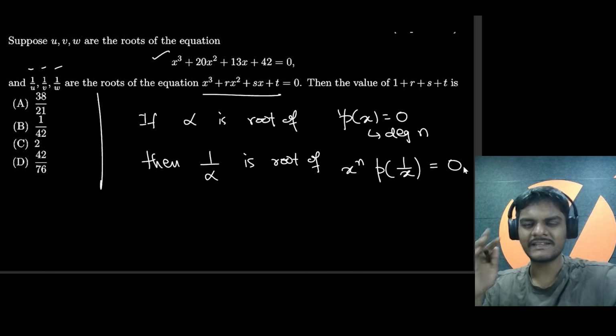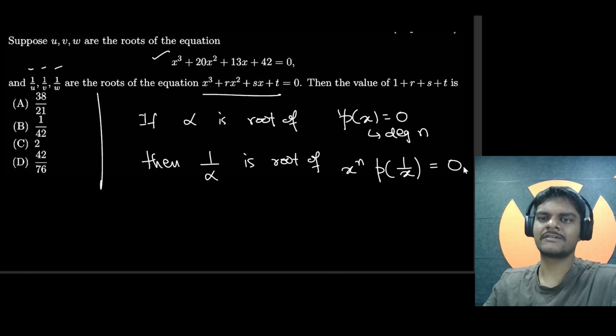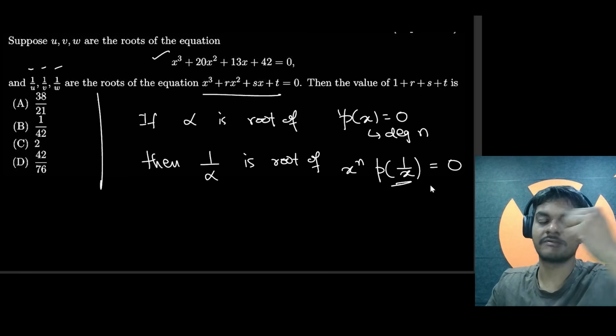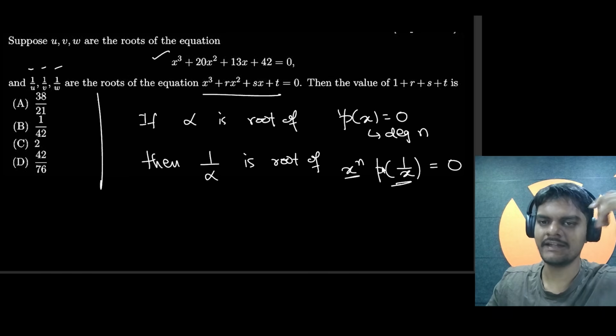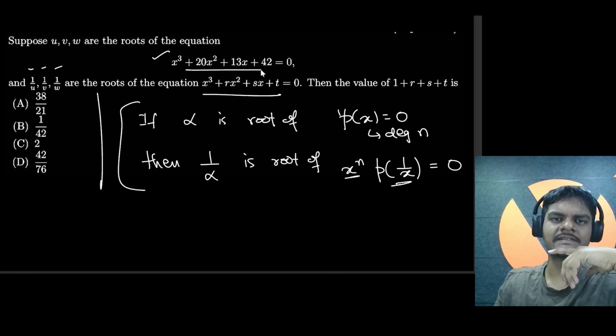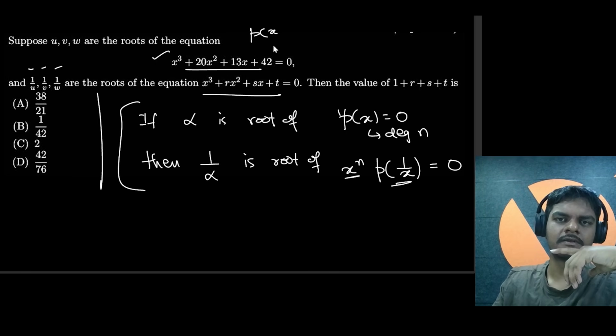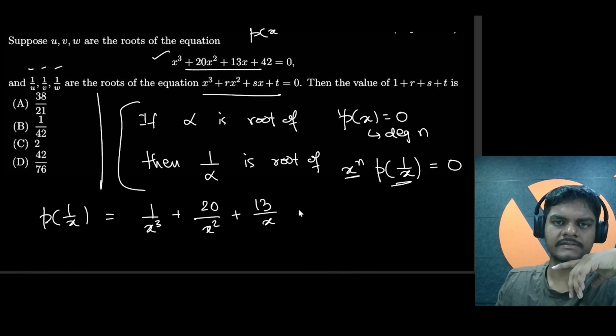Do you see that happening? It will have denominator power at most n, and this will nullify that. So this is true. So if I have this as my p of x, what is p of 1 by x? That will be 1 by x cube plus 20 by x square plus 13 by x plus 42.